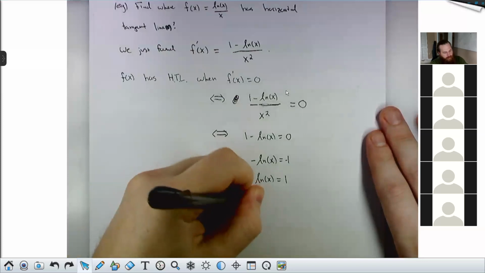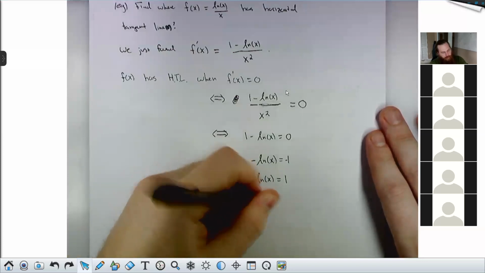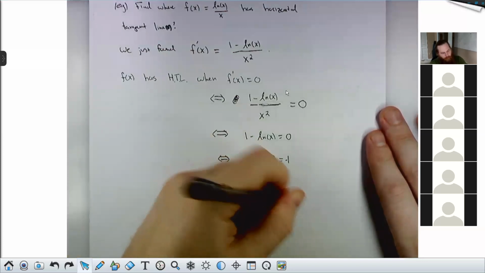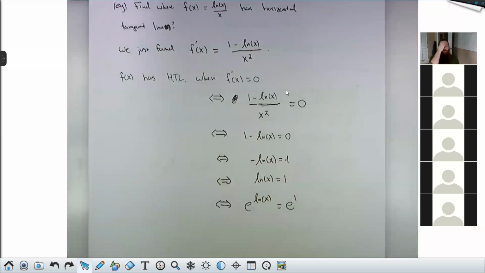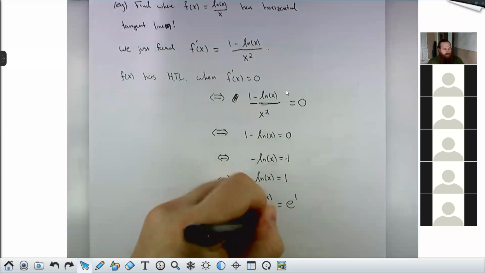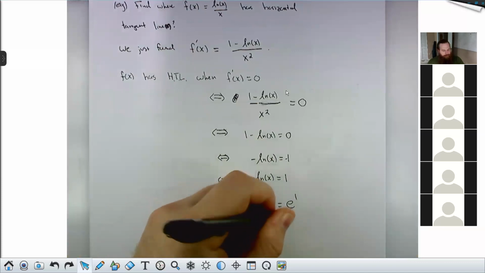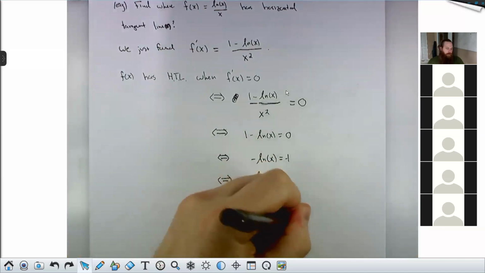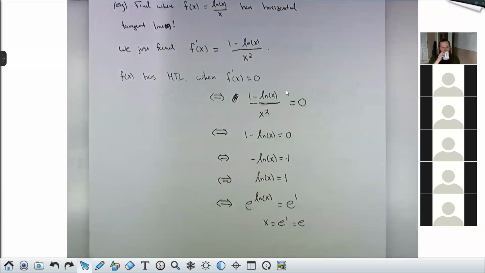There's a little trick I like to teach here called exponentiation. You can exponentiate on both sides, meaning put both sides in the exponent of e. Then e raised to the ln x is just x. So you get x equals e to the 1, or e.